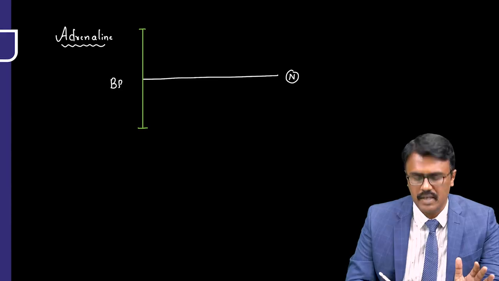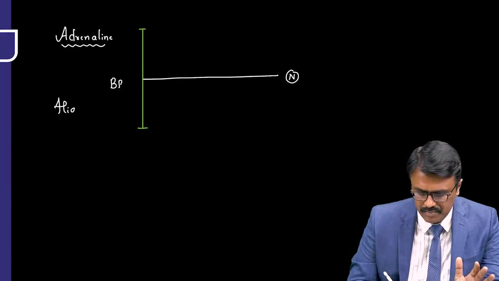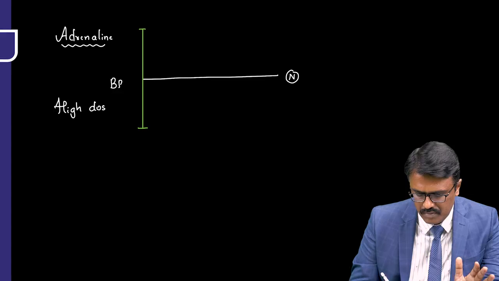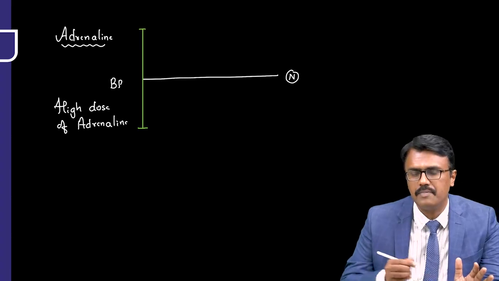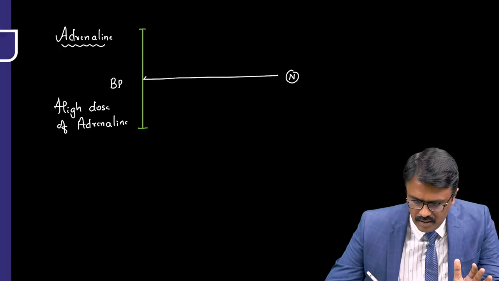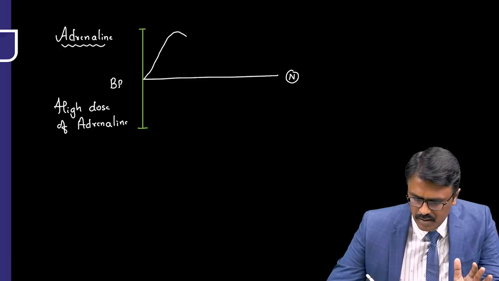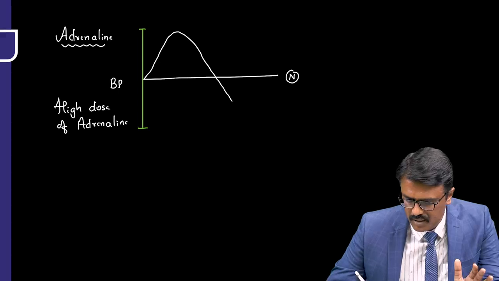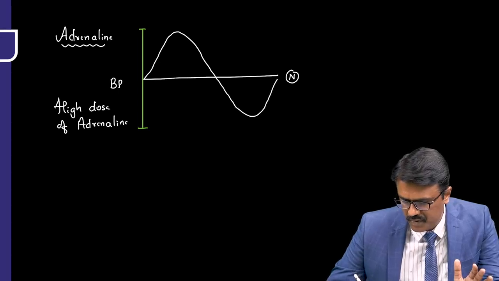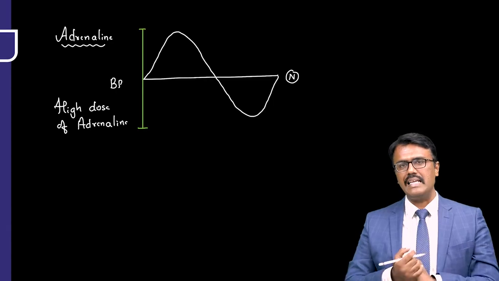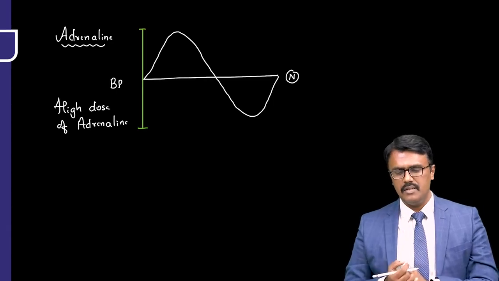Now what happens when we give high dose of adrenaline? When you give high dose of adrenaline, in the animals it showed increase in BP. After some time there was decrease in BP. So they got the graph like this, increase in BP followed by decrease in BP.